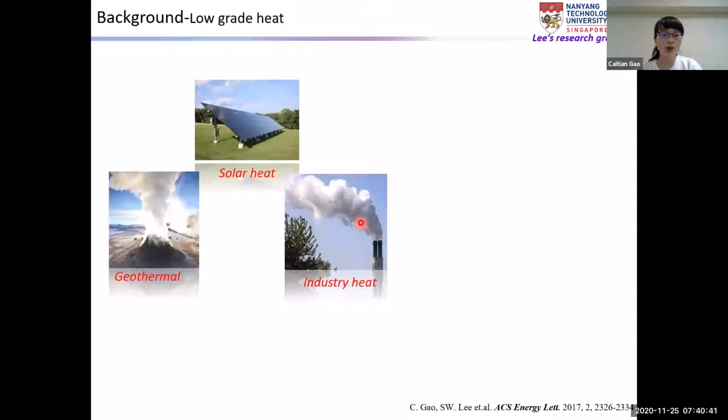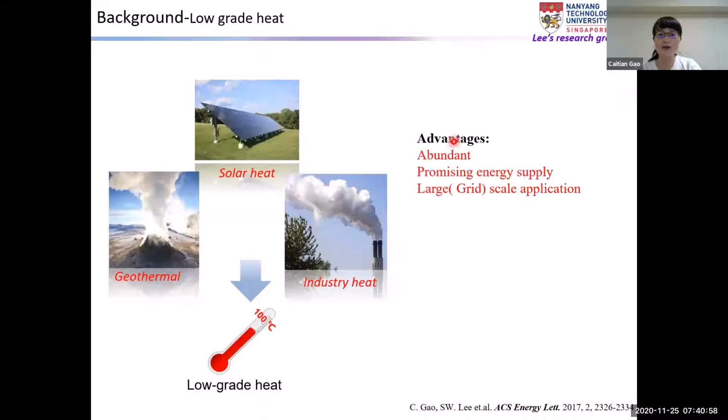So as we know, heat is very abundant in our environment, like solar heat, geothermal, industry heat. Normally, this heat is lower than 100 degrees Celsius. It is so-called low-grade heat, and it is very abundant and promising for the energy supply, especially for large grid-scale applications.